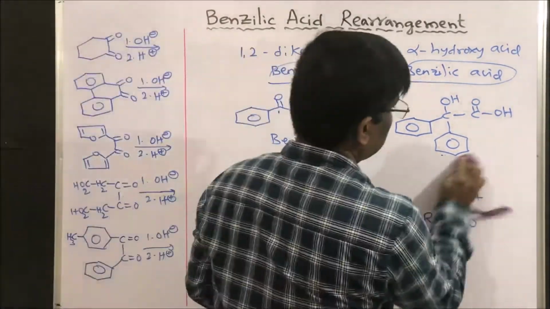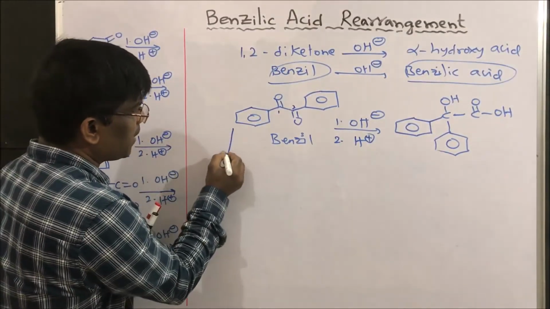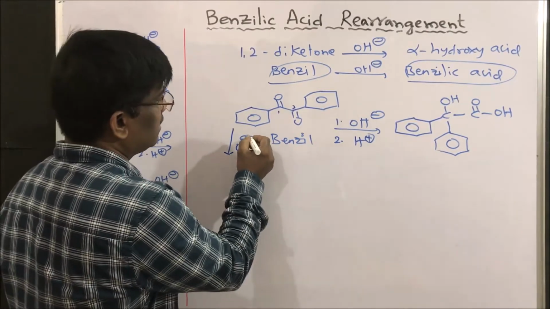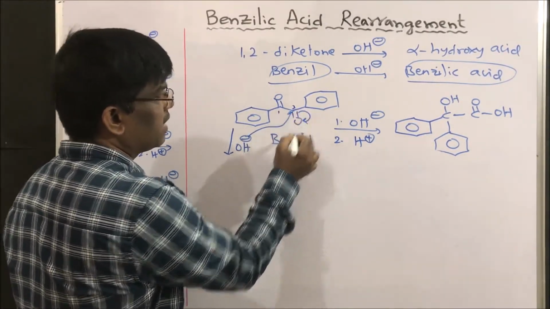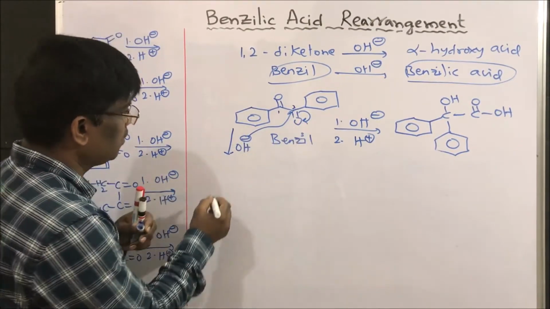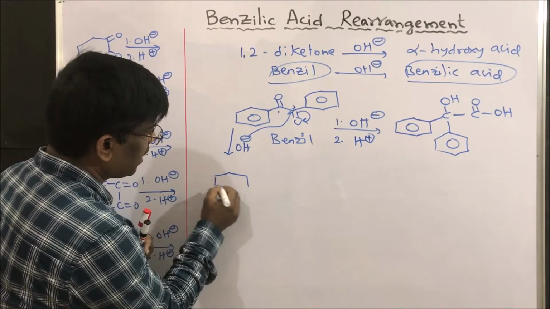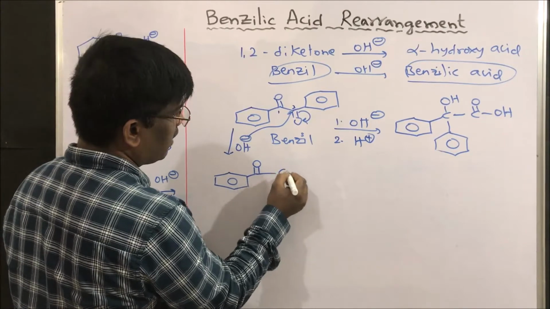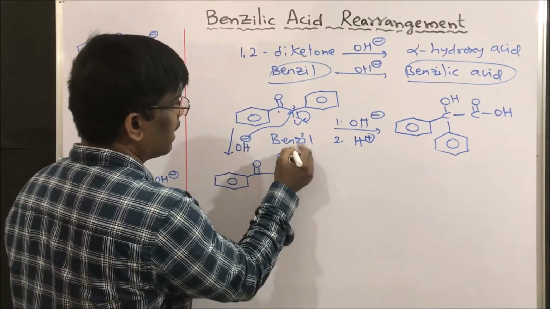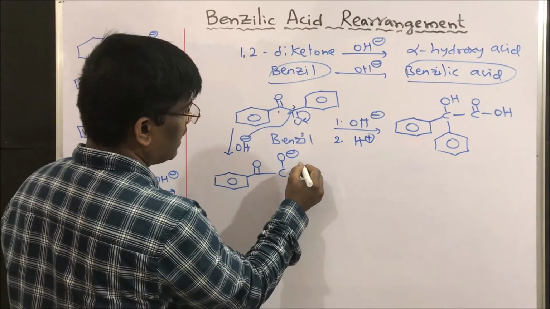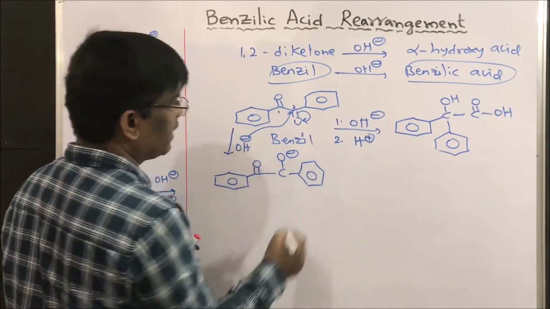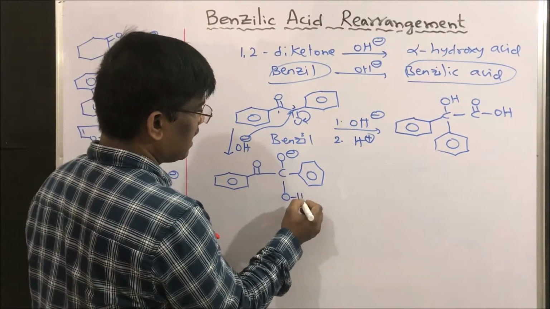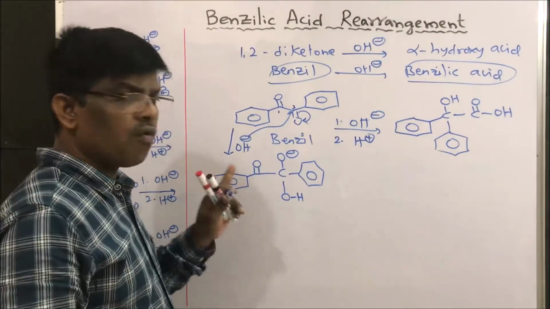What happens when I am adding base? Let us add this base here. It polarizes the carbonyl to give, for better understanding I am writing this, O minus, with the phenyl ring there as it is, and this O is now OH.